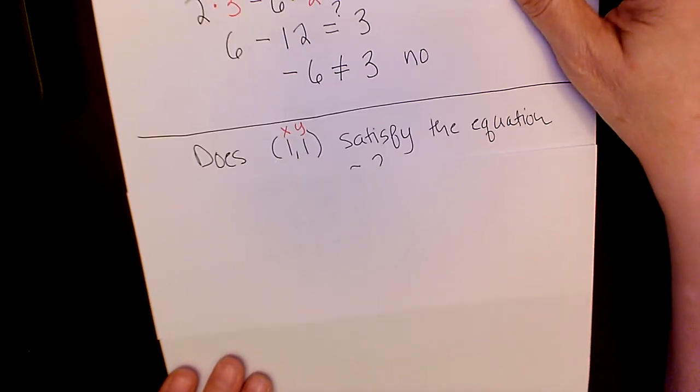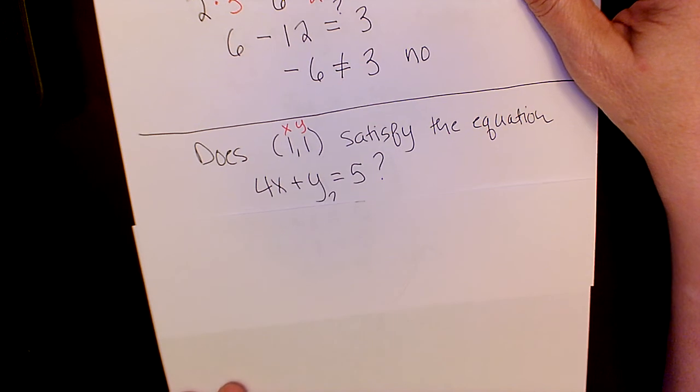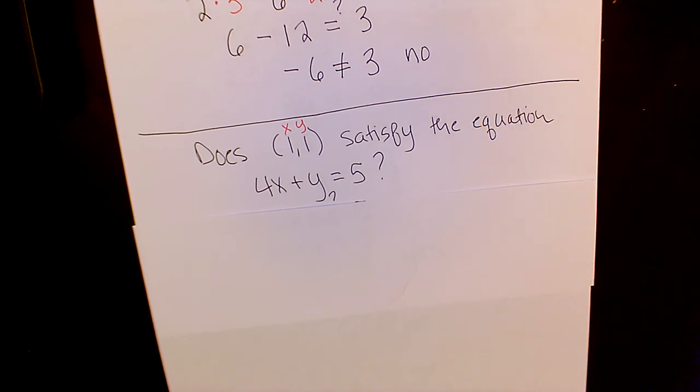So let's try another one. Here I'm given the point (1, 1), and I want to know, does the point (1, 1) satisfy this equation? 4x plus y equals 5.